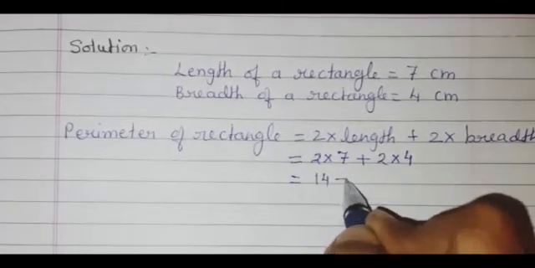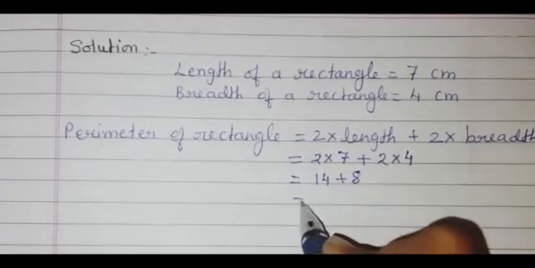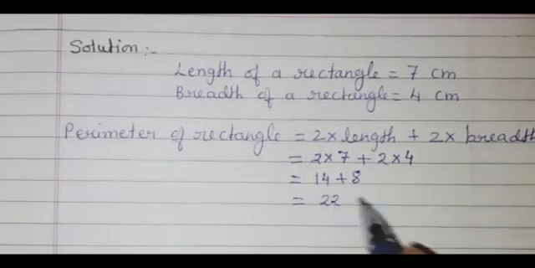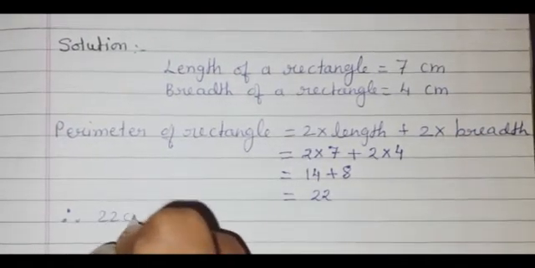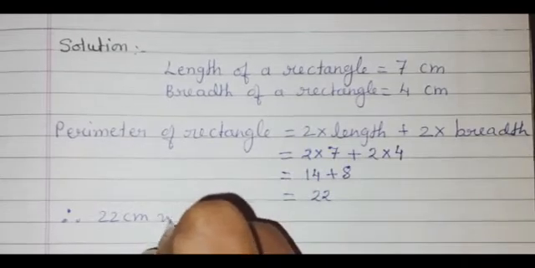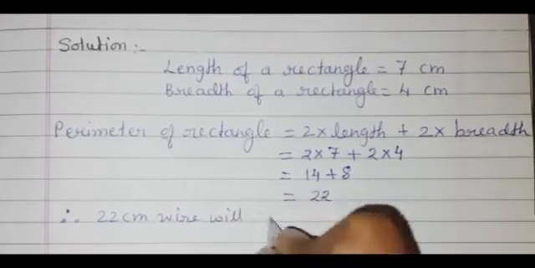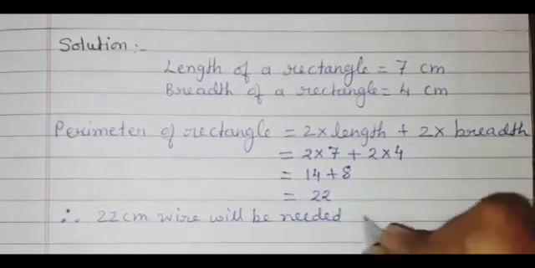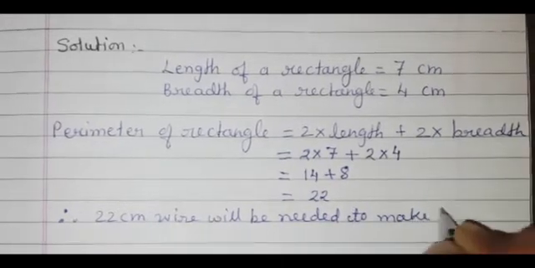So write here 14 plus 2 fours are 8. So write here 8. Now 14 plus 8 is 22. Therefore 22 centimeter wire will be needed to make a rectangle.